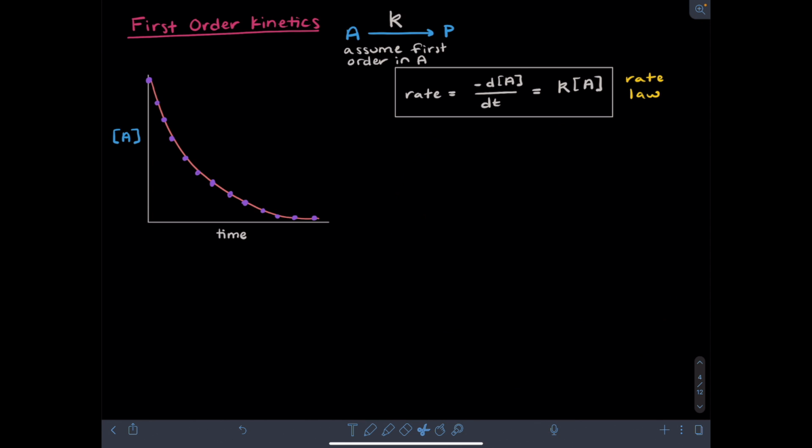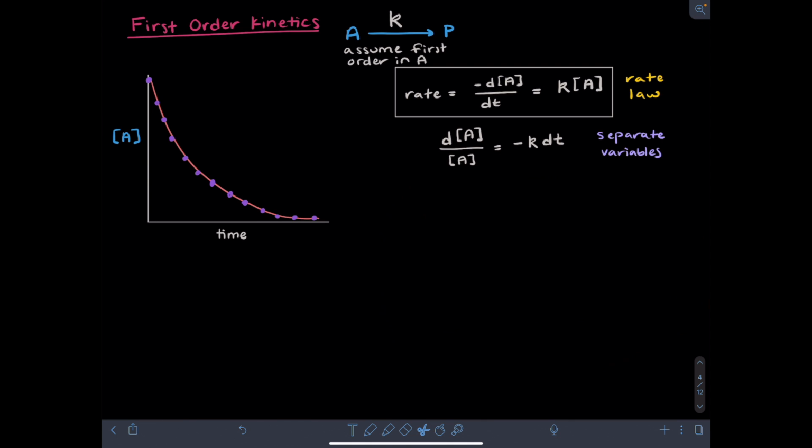Like I did for zero order, I'm going to separate variables, so I'm going to move my time component to the right, and I'm going to move my concentration of A term to the left. After I do this, and I move the negative sign to the right as well, I get dA over A equal to negative k dt.